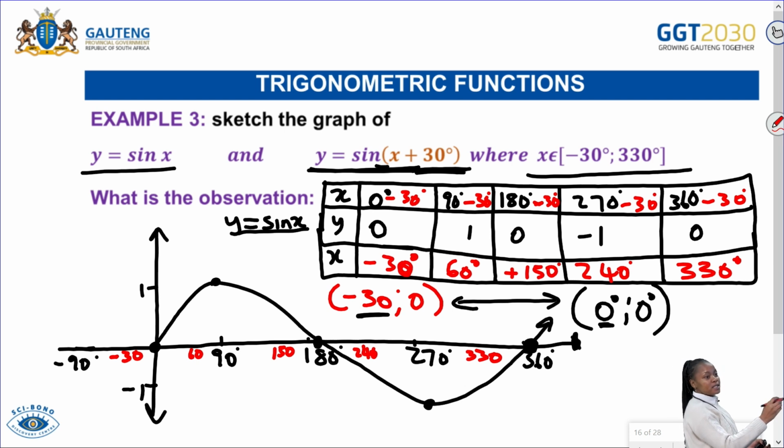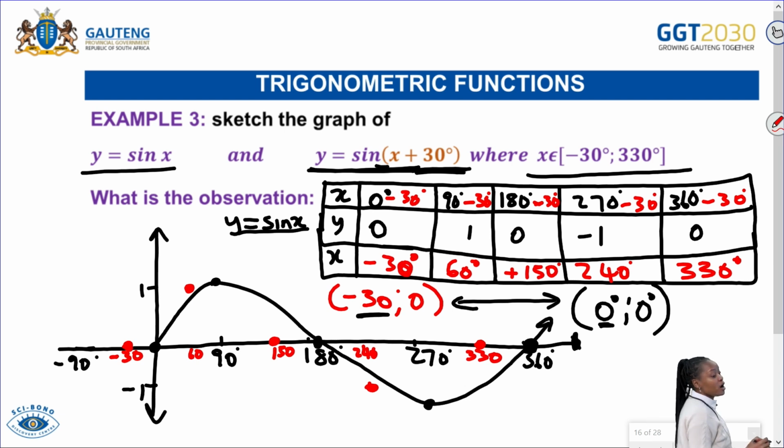I'll have negative 30 degrees is to 0, it's going to be on top here. And then at 60 degrees, I'll have positive 1. So it's going to be somewhere here. And then at 150 degrees, I'll have 0. And then at 240 degrees, I'll have negative 1, somewhere here. And then at 330, I'm going to have 0.